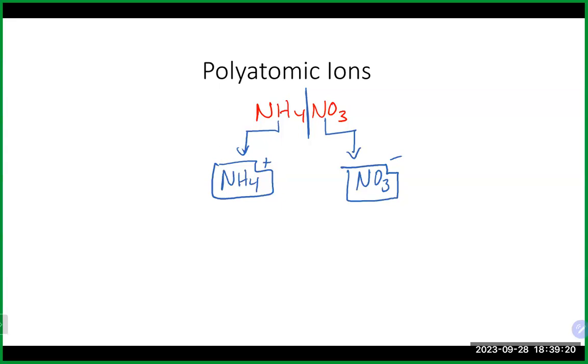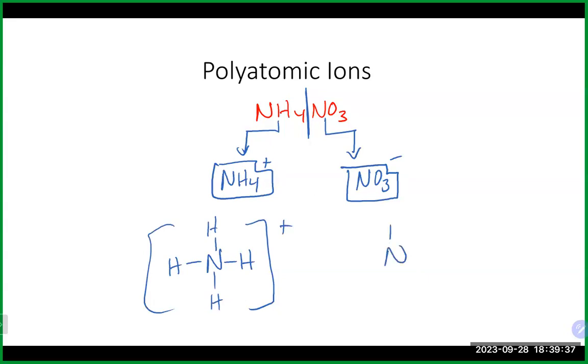This is actually things that are covalently bonding and sharing of electrons, but end up with a charge. We might have drawn both of these when we were talking about Lewis structures. If you draw the Lewis structure, that is this guy. And if you draw the Lewis structure for this guy, that is this guy.